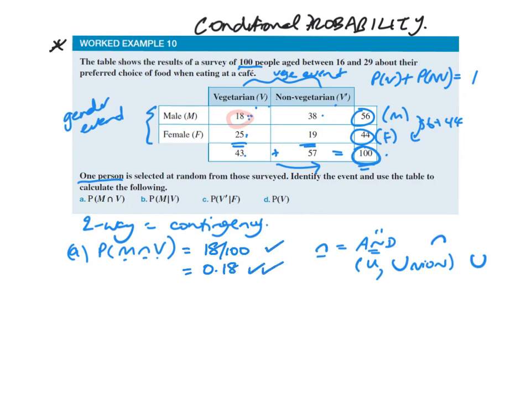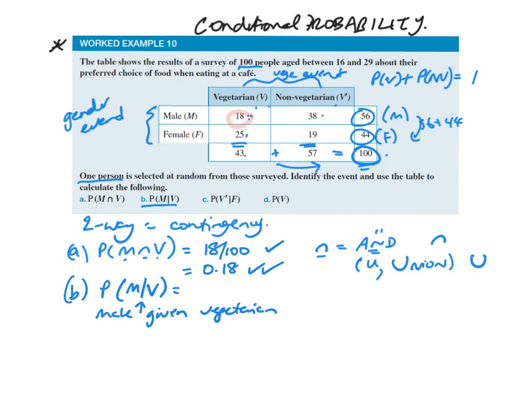So we divide that out: 18 divided by 100, 0.18. Part B, they want the probability of M given V. What that straight up and down line means is 'given'. So they want the probability that the random person is a male given that they're vegetarian. They don't care about non-vegetarians.